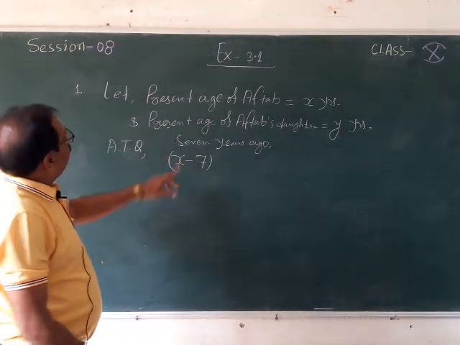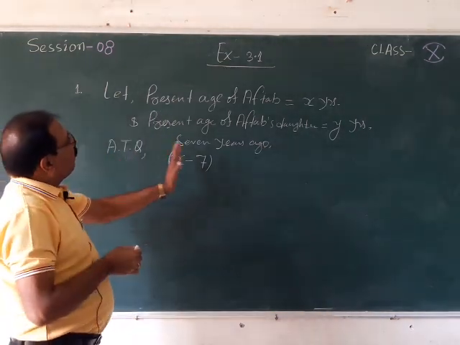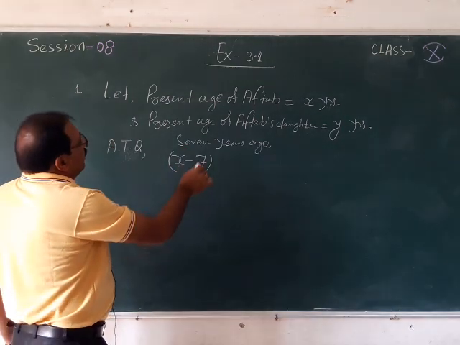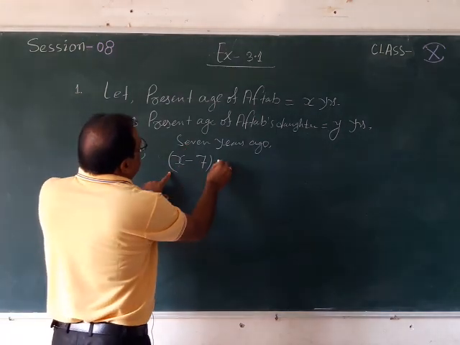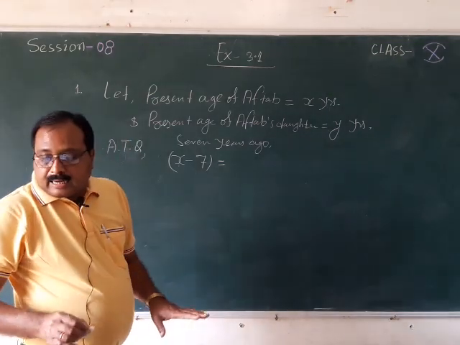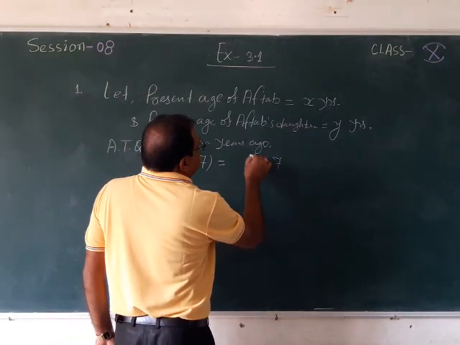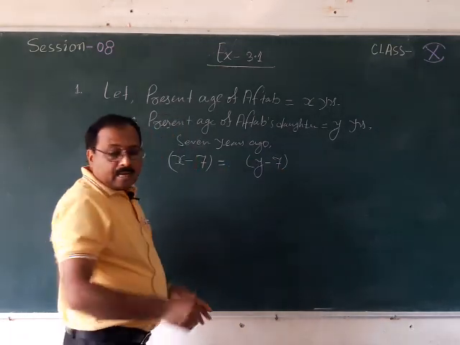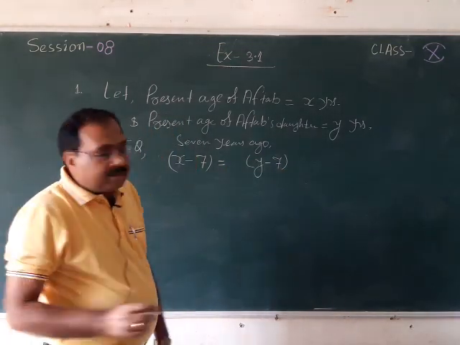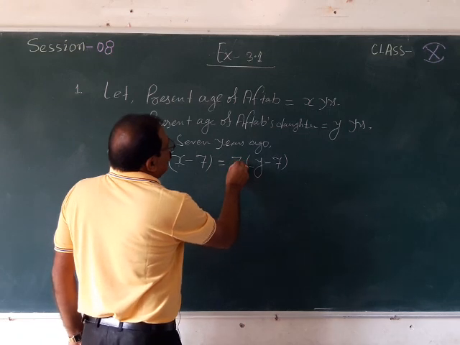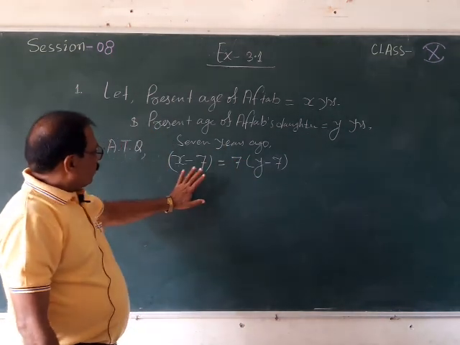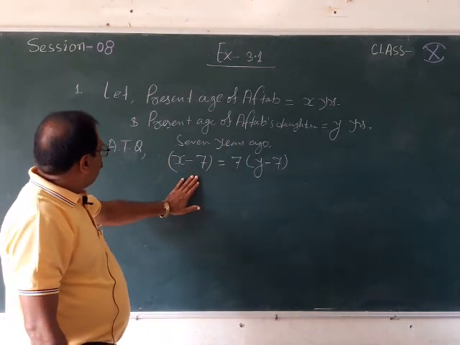So according to the question, in the first case, 7 years ago Aftab's age was x minus 7 years and his daughter's age was y minus 7 years, but Aftab's age was 7 times his daughter's age, that means you need to multiply by 7. So this is case number 1.